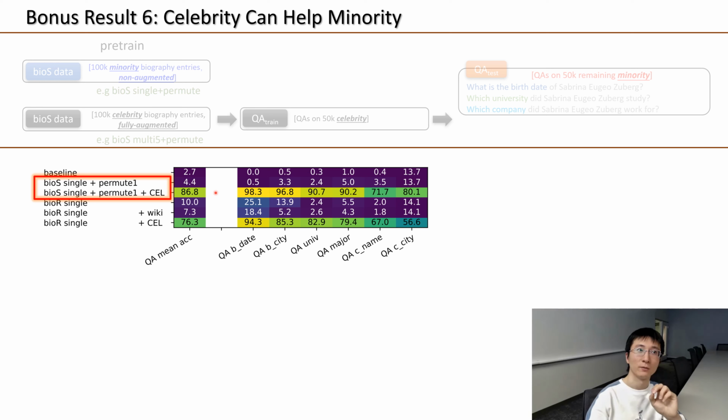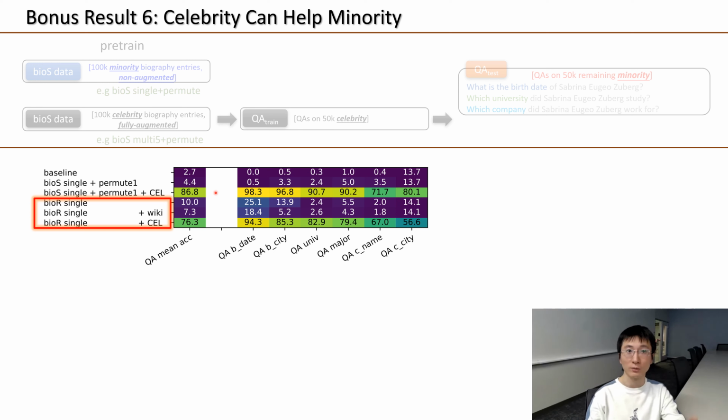And not only for the bio-S data, but also for the bio-R data. So that means celebrity can really help minority. That is, the mere presence of the celebrity data in the pre-training process helps the model better store the knowledge in a way that, even for the minority group, can later be extracted.